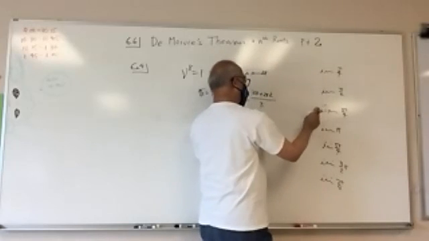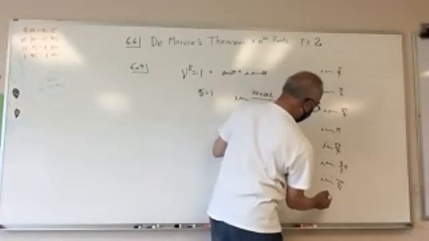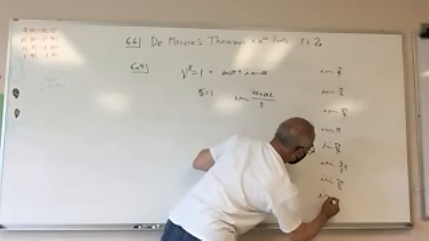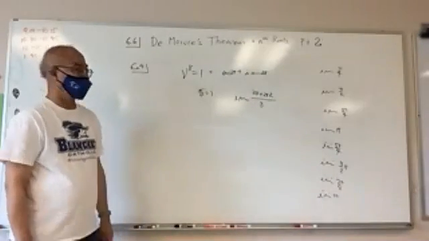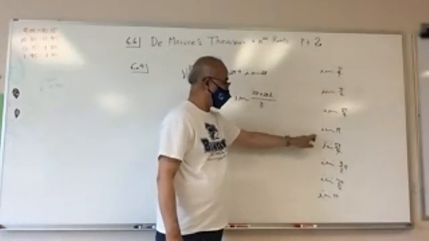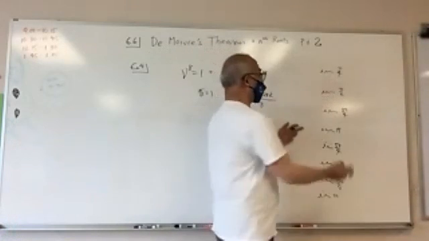One, 2, 3, 4, 5, 6, 7, 8. The last one would be? Yep. So actually on the test, you would have to write this out as what?